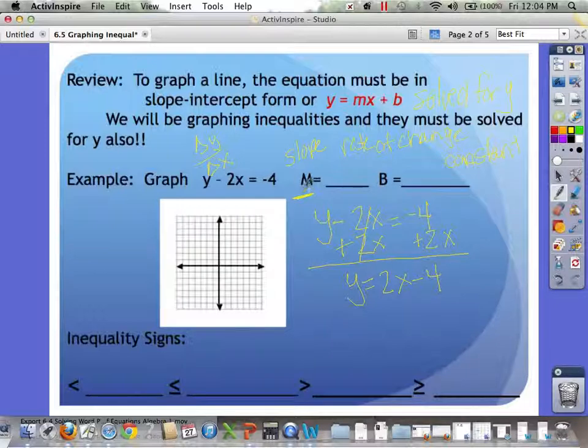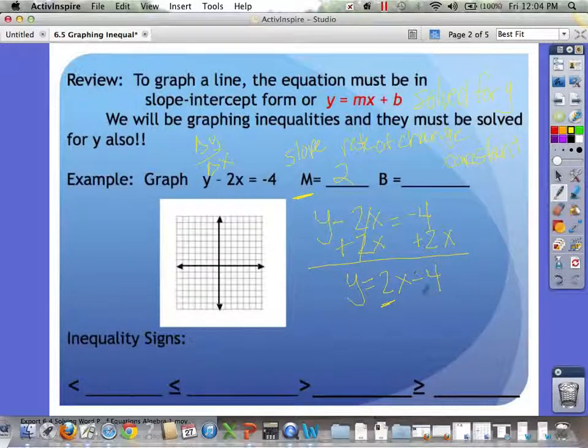All right, so in this case, if you have it written in the correct format that I've asked you to do, then you can easily see what m is. M is going to be 2. So write that there. And then b is the same thing as your y-intercept. Okay, y-intercept means where it crosses the y-axis. b and y-intercept are the same thing.